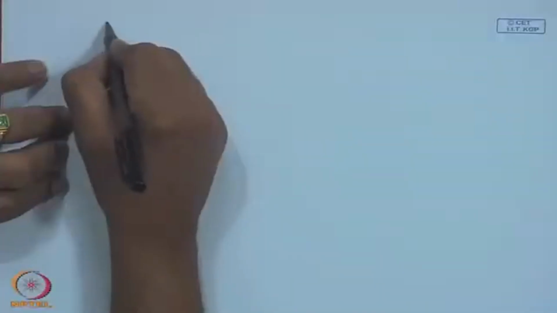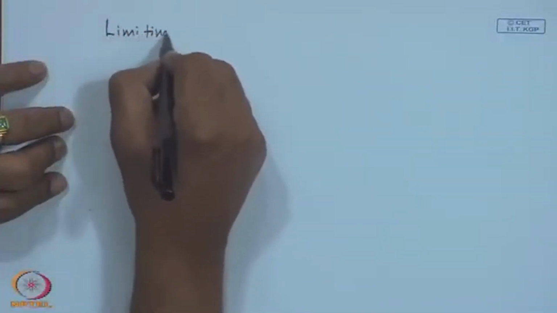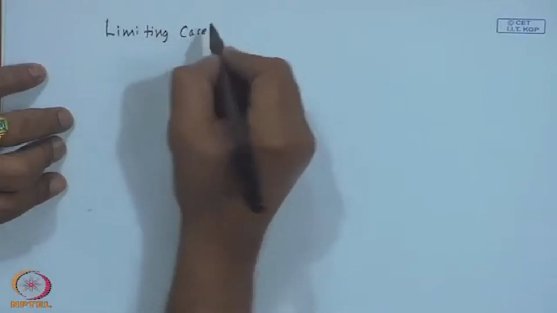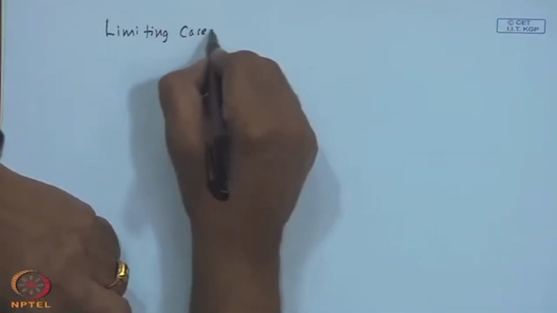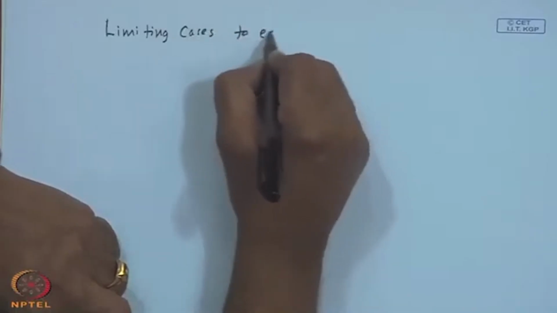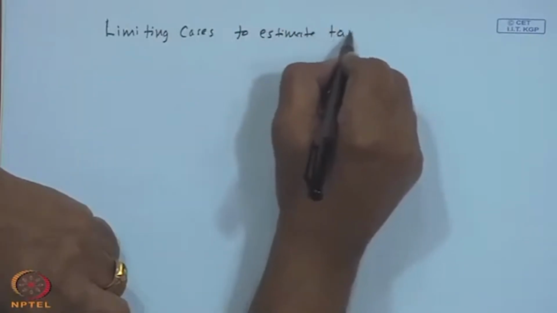Now, there are two limiting cases, because I must have a way of correcting the TT1, limiting cases to estimate tank losses.